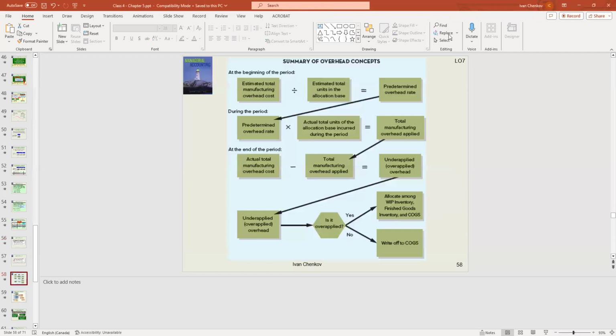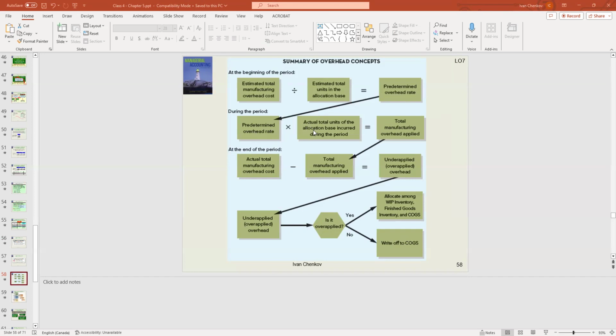Just quickly, again, to go over the idea with the overhead. First, we estimate the total manufacturing overhead cost. Then, after choosing the allocation base, we estimate the total usage in units of the allocation base. We come up with the predetermined manufacturing overhead rate. We use the predetermined overhead rate during the period by applying it to the actual usage of the allocation base.